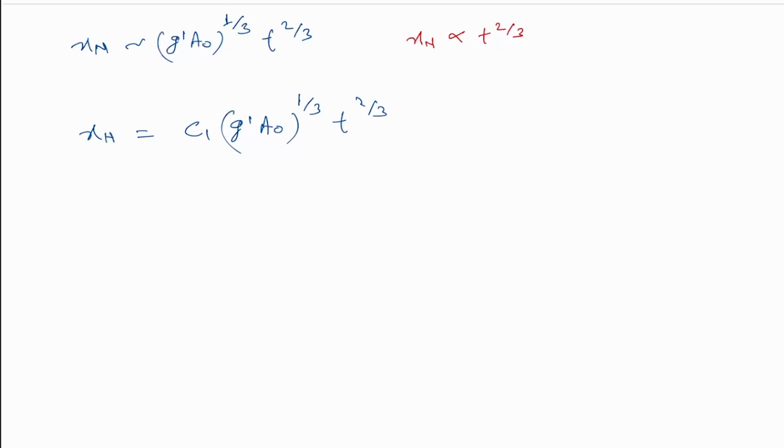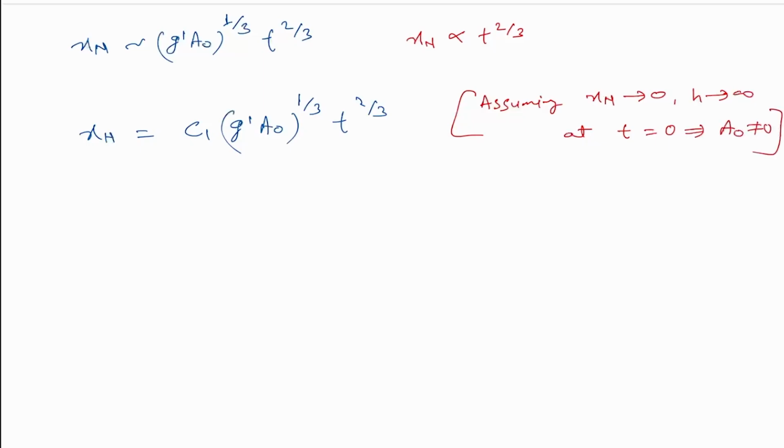Or the other thing we can do is, assuming xn tends to 0 and h tends to infinity at t equals 0. So that basically gives us a naught not equal to 0, right?